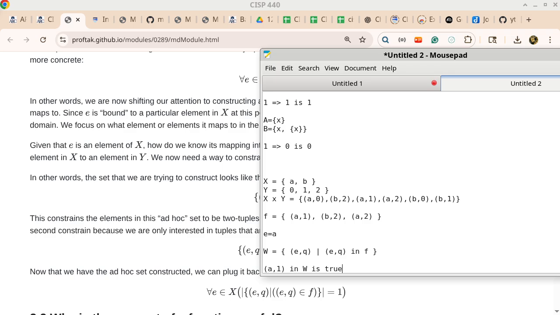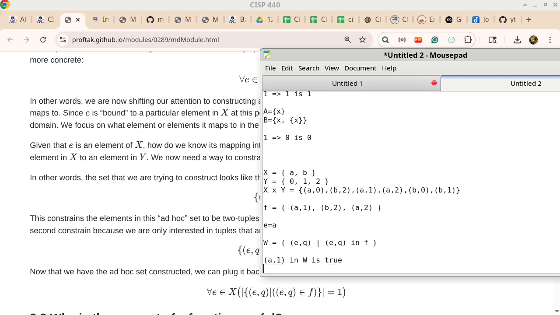It is true because E equals A, so that starts with A. And A1, so Q is 1 in this case. So EQ is in F is true because we found it. Is that okay?